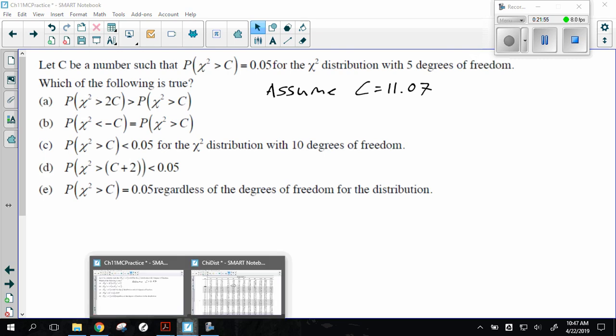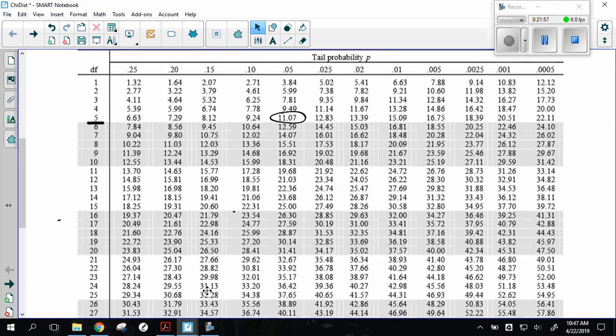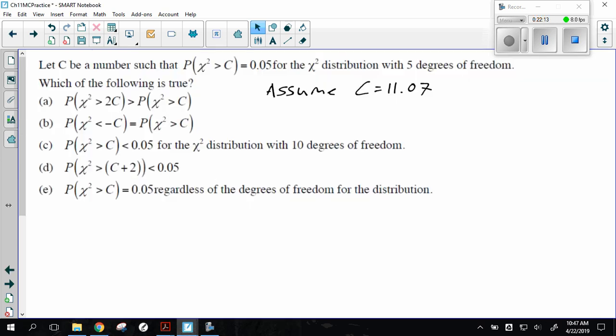If we look at our table for a chi-square statistic of 22, we're over here. So that probability is actually much less than the probability of the chi-square statistic being C. This one says it's greater, so that's not true. All right, negative C.